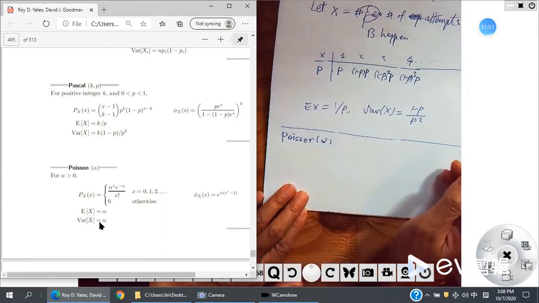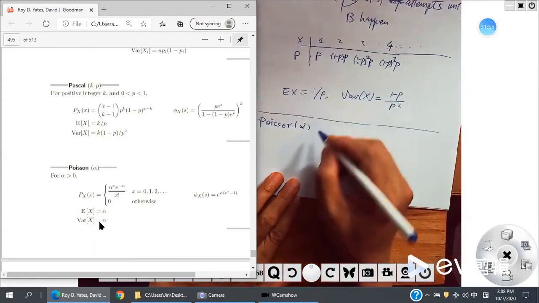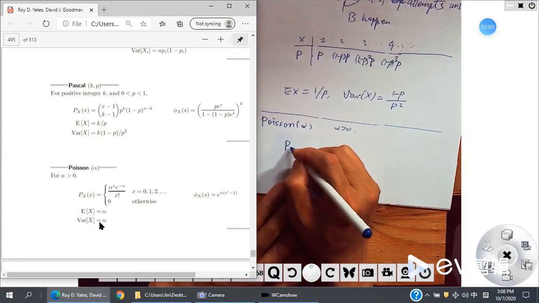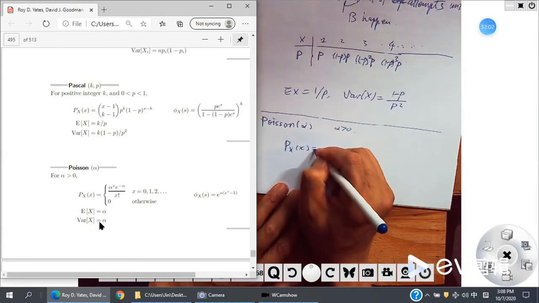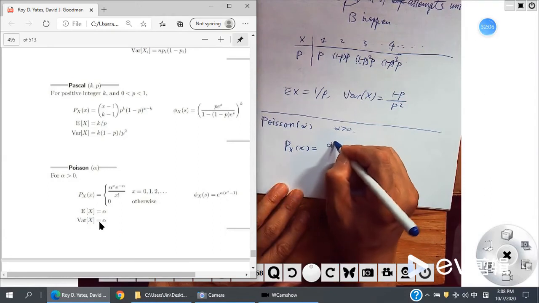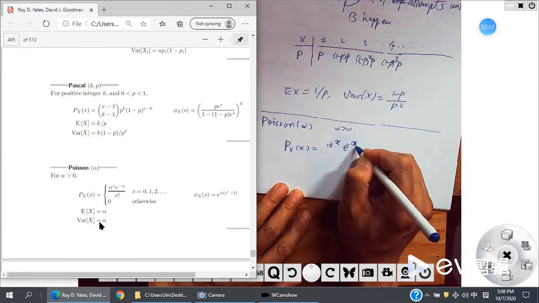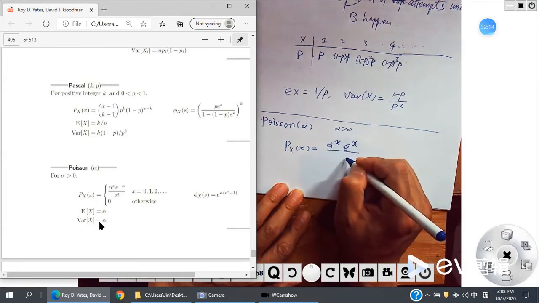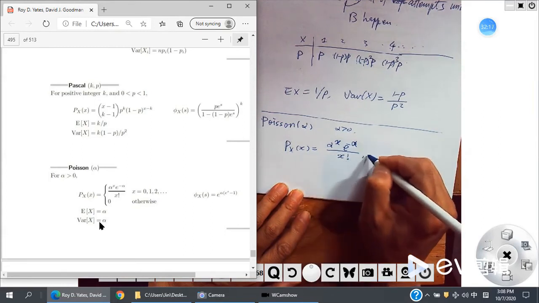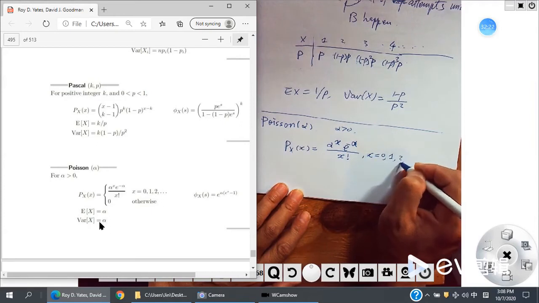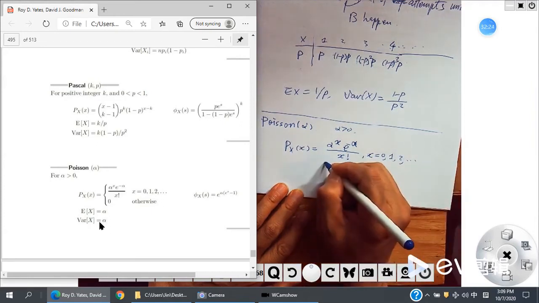Then here alpha should be positive, and the mass function will be alpha to the power x, and e to the negative alpha over x factorial, and x could be 0, 1, 2, and so on, and 0 otherwise.